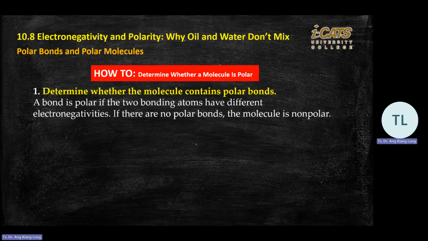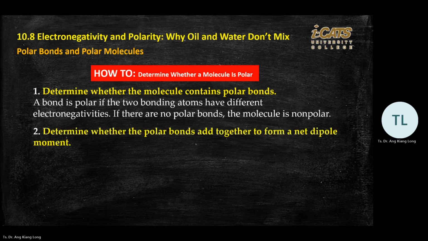Keyword: check polar bonds. How do you check polar bonds? Using the electronegativity table, the colorful chart. Sometimes we will give you a table with just the element and then the number. If there are no polar bonds, then the molecule is non-polar.